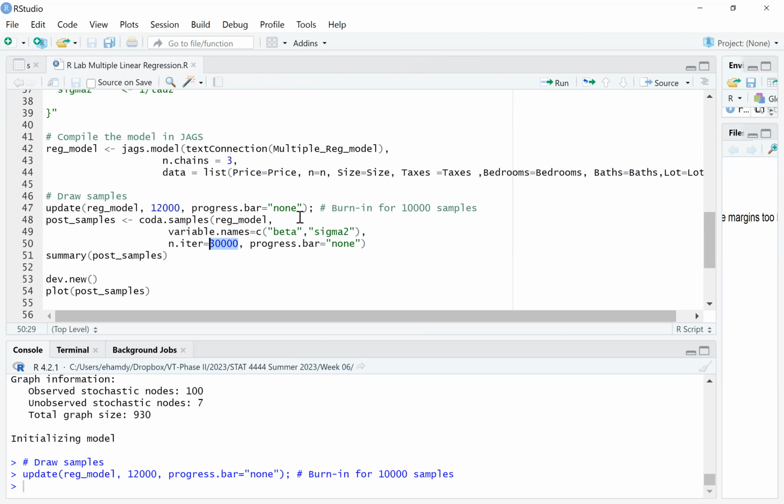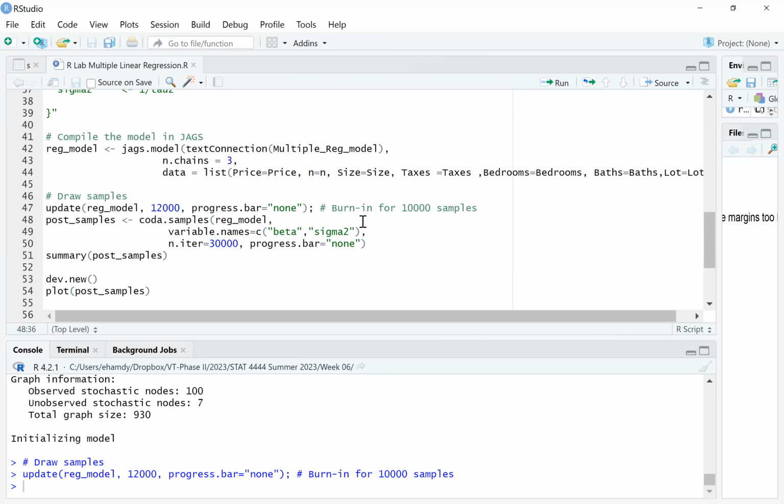And I would like to save the random sample from the posterior distribution of all the beta parameters and sigma square. So I gave the variable names beta in general, so it will understand that beta 1, beta 2, beta 3, beta 4, beta 5, beta 6, and sigma square.